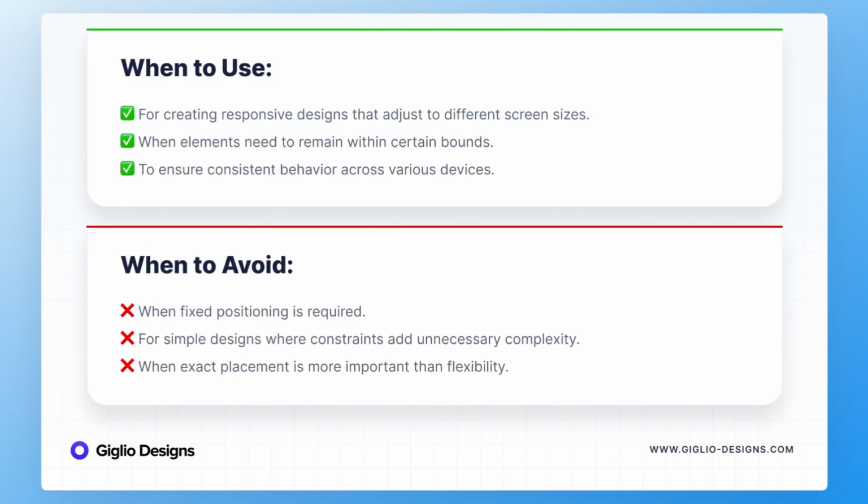So when to use constraints: for creating responsive designs that adjust to different screen sizes, and when elements need to remain within certain boundaries, and also to ensure consistent behavior across various devices.